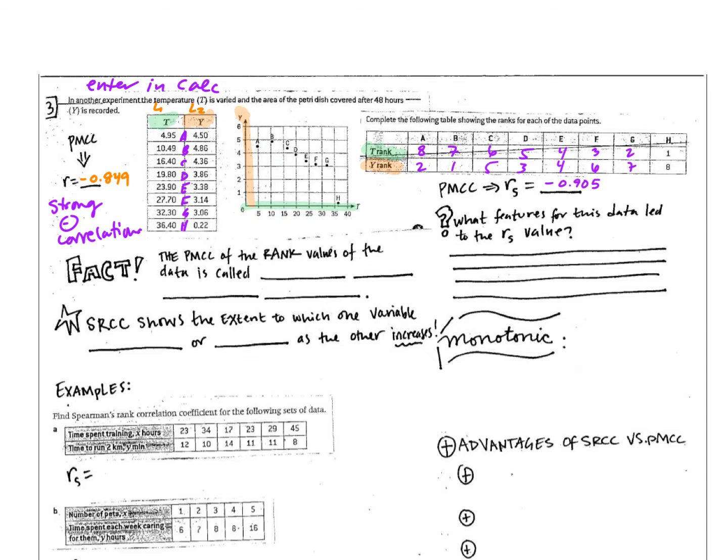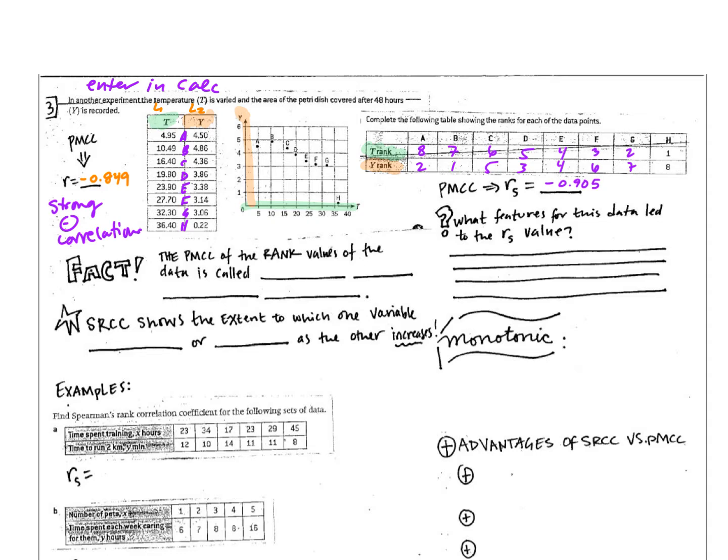So this one's negative, and it's asking you what the features of the data were that led to this Spearman rank value. And so one thing that happens on our graph that we can see, right? As T increases, Y is decreasing. And so I have something that is going to the negative. Does that make sense? Like it's decreasing.